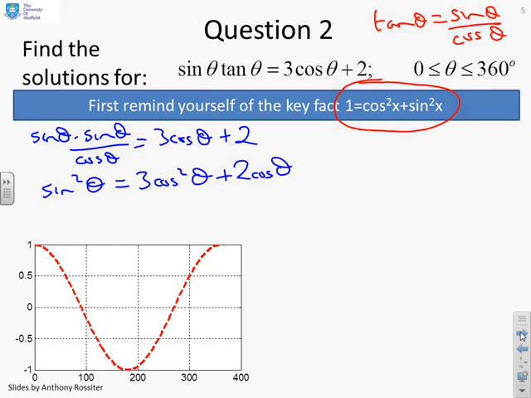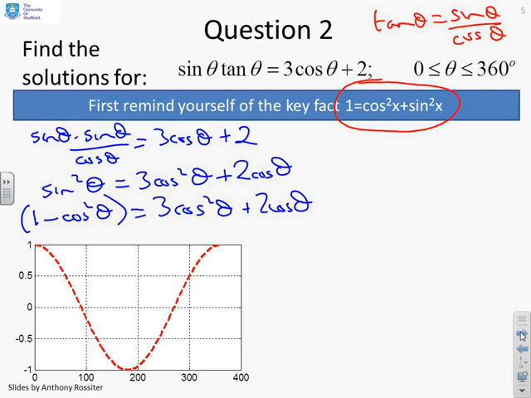And now I can see I've got cos and sine, and I want to remove either the cos or the sine. But because I've got two cos terms, a cos squared and a cos, it makes more sense to remove the sine. So I'm going to rewrite the sine squared as 1 minus cos squared theta, and then just rewrite the whole equation. There we go.